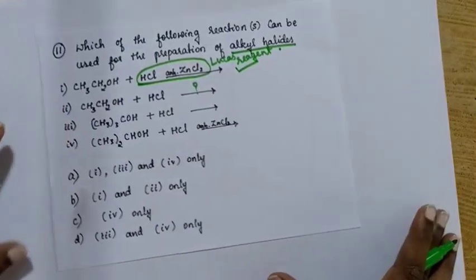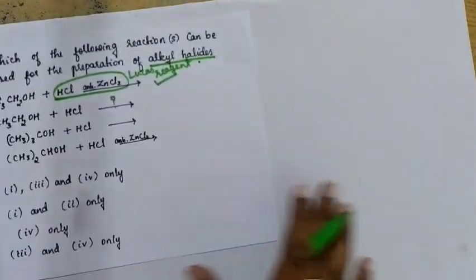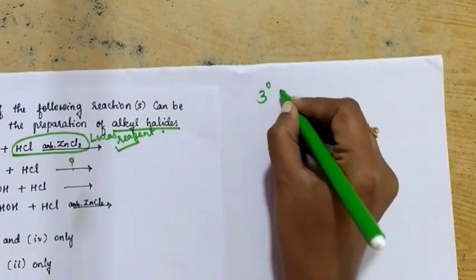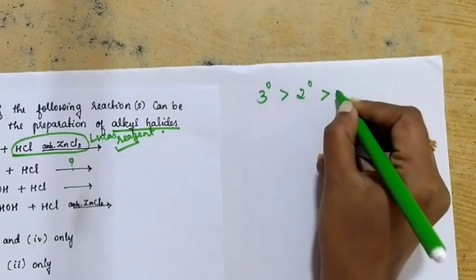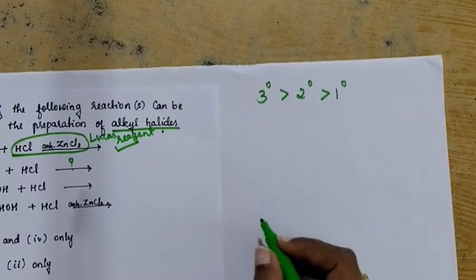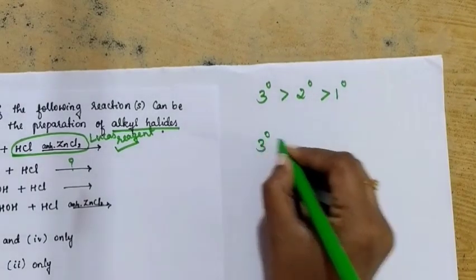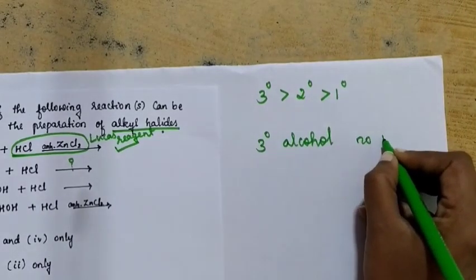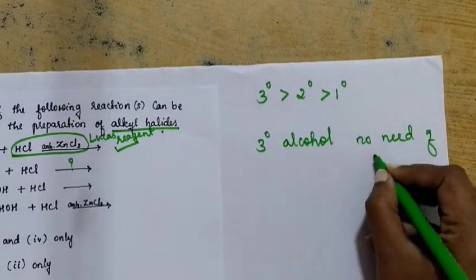And previously we discussed one concept that reactivity of alcohol is going to be tertiary greater than secondary greater than primary. Correct? When you are using tertiary alcohol, no need of catalyst.